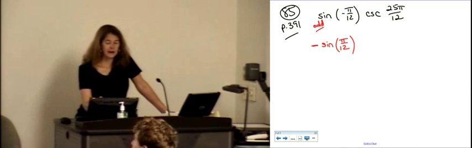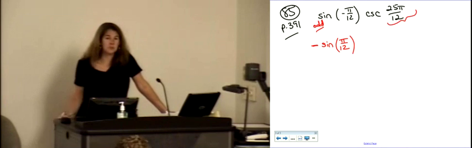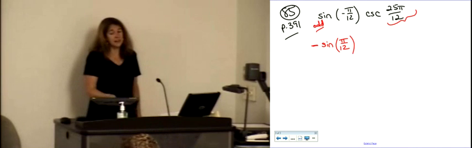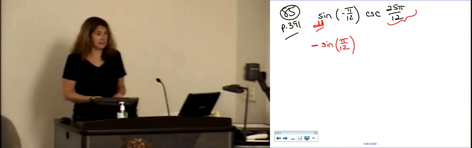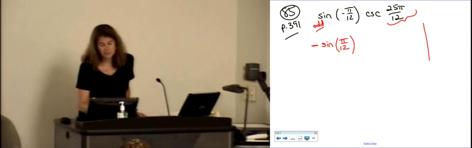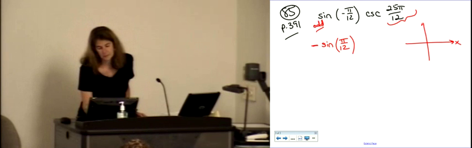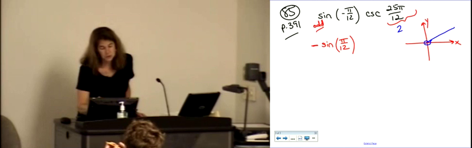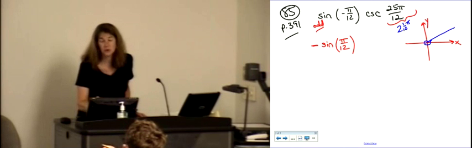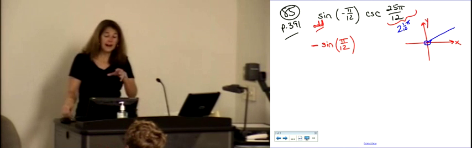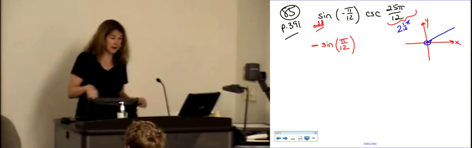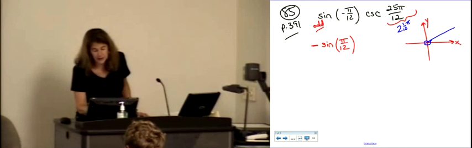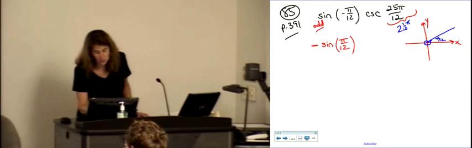This cosecant of 25 pi 12ths, I'm a little concerned about it because it is not pi 12ths like the other angle. Where is 25 pi 12ths? It ends up having the same trig function values as pi 12ths because we go around 2 pi, all the way around, and then pi 12ths more.